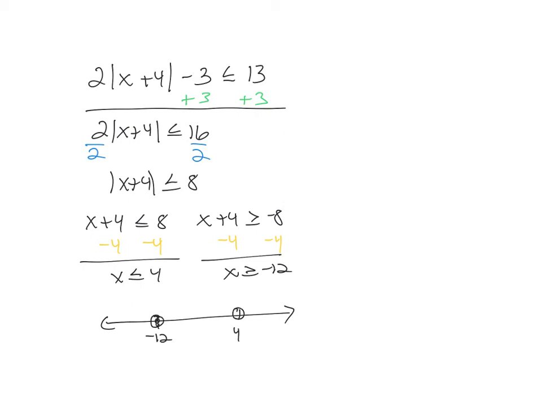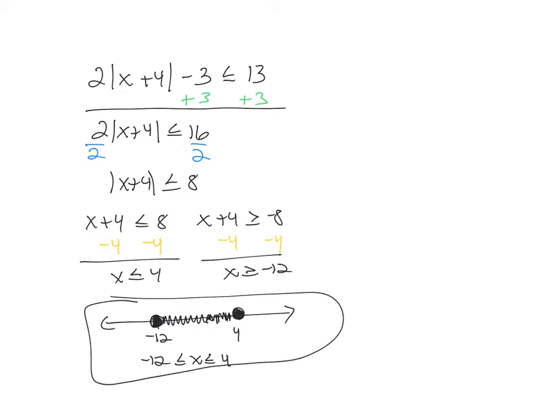They're both and equal, so I color them in. Less than 4, greater than negative 12. So that means it's an and problem. So I just combine them. Okay, so graphing really helps because you just drop the numbers down. X goes in the middle.